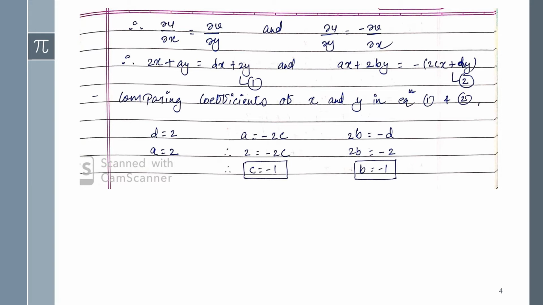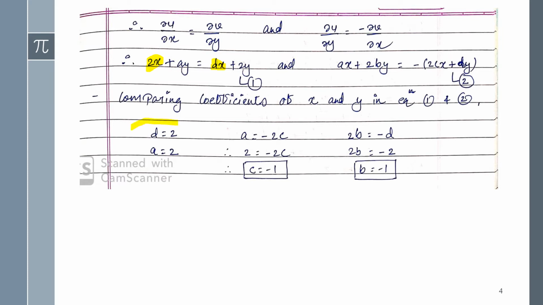And here you can't directly write the answer, because one equation is given in which there are more than one variable, so you have to solve it. To solve the equations, we compare the coefficients. See here I'm comparing 2x with dx. Of course we can compare the coefficients of x, so it will be 2 equals d.